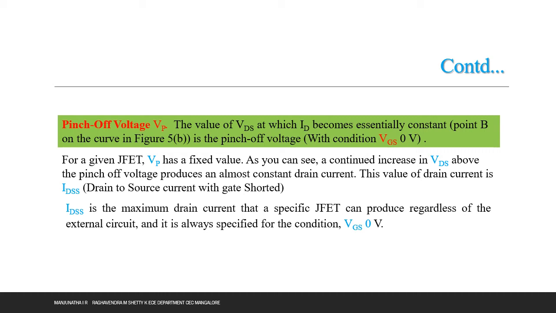The point is that IDSS is saturated and it is the maximum current with the condition VGS equal to 0. VGS equal to 0 means there is no VGG; VGG is 0 volts.